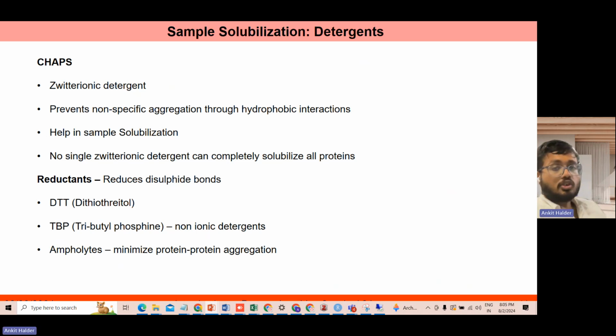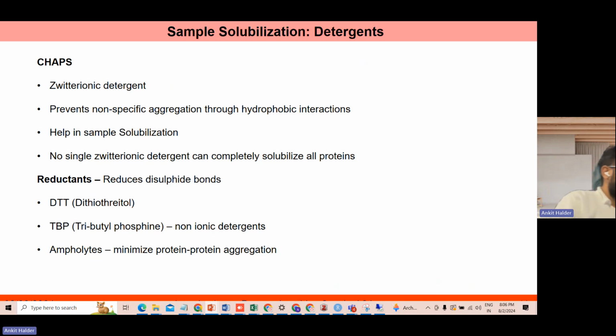Among these I have shown you urea, and we have seen SDS. Now there is CHAPS that can also be used, which is a zwitterionic detergent, and it prevents non-specific aggregation through hydrophobic interactions.